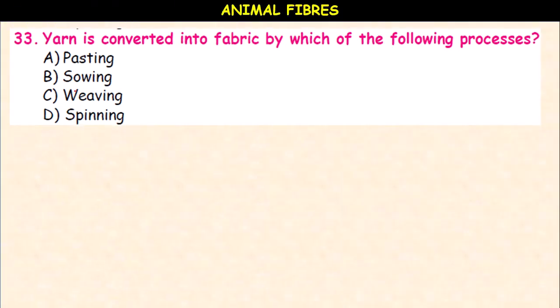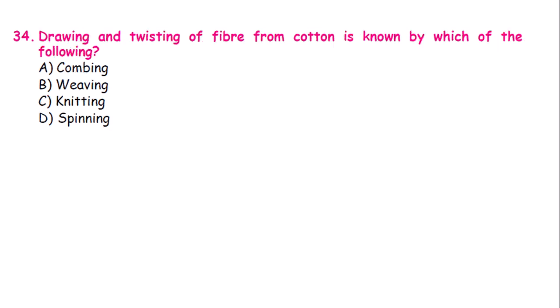Yarn is converted into fabric by which of the following processes? Pasting, sewing, weaving, spinning. Yarn is converted to fabric by weaving, done in the looms, the weaving machines.